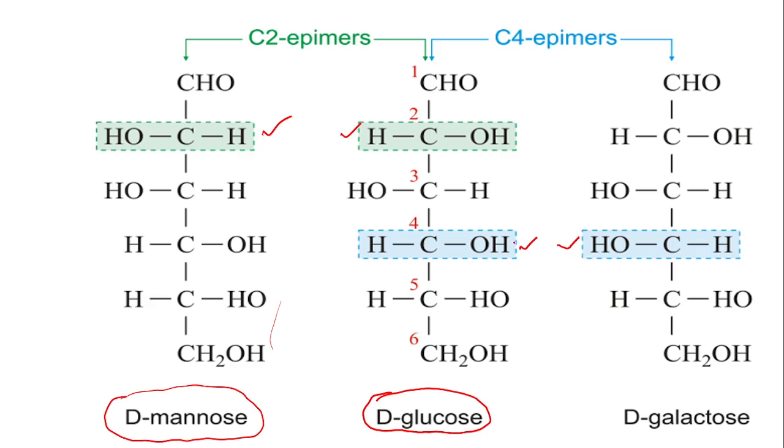Okay. Mannose and galactose are not epimers, but they are structural isomers. Why? You only compare at a single carbon. Glucose is the main one, and from glucose you can get galactose, and from glucose you can get mannose.